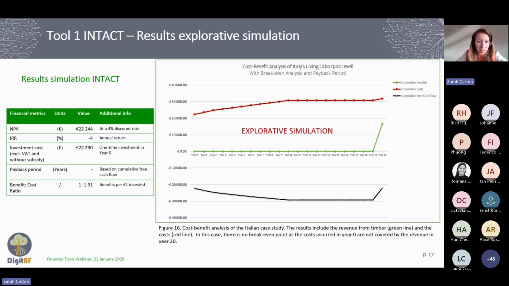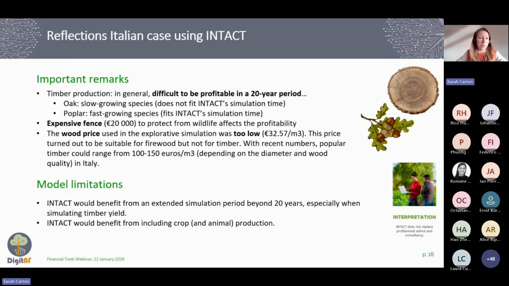As you can see, this simulation does not look really good, but I will explain to you later why this is the case. I wanted to give the important remarks. So I did a simulation of the timber production, poplar and oak.